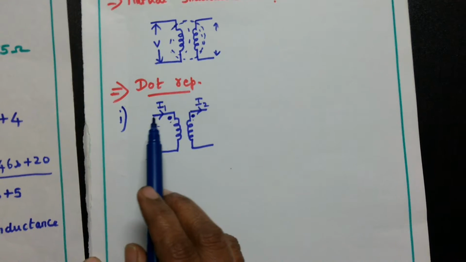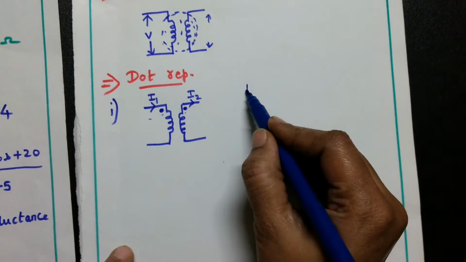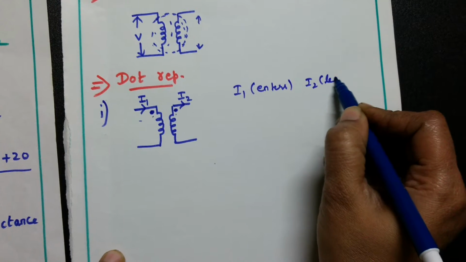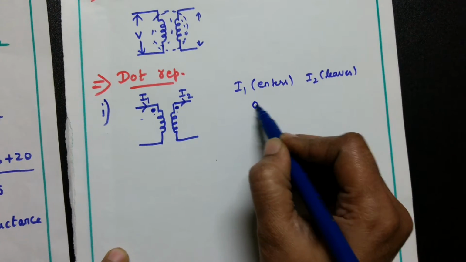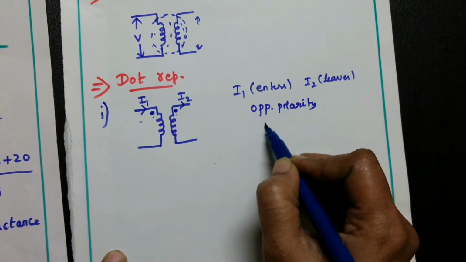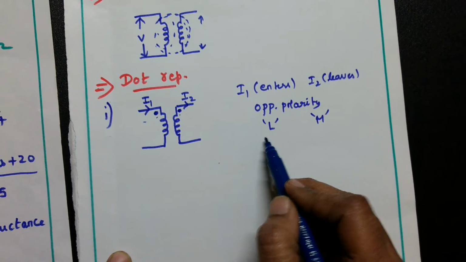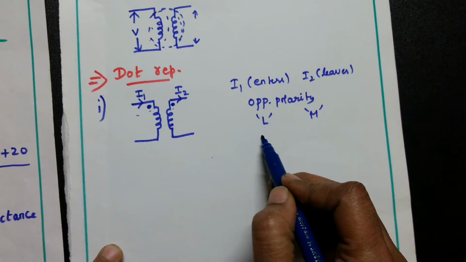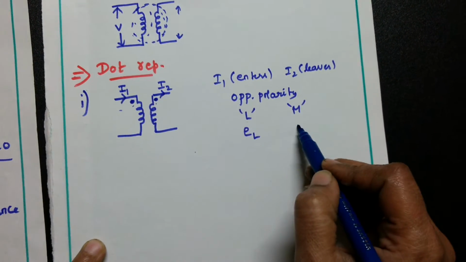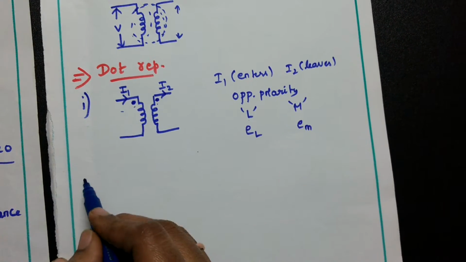So one current enters at the dotted end and one current leaves from the dotted terminal. So there will be opposite polarity for L terms and M terms. L terms mean self-inductance and also self-induced EMF. M terms mean mutual inductance and also mutual induced EMF. So it is of opposite polarity. This is case 1.